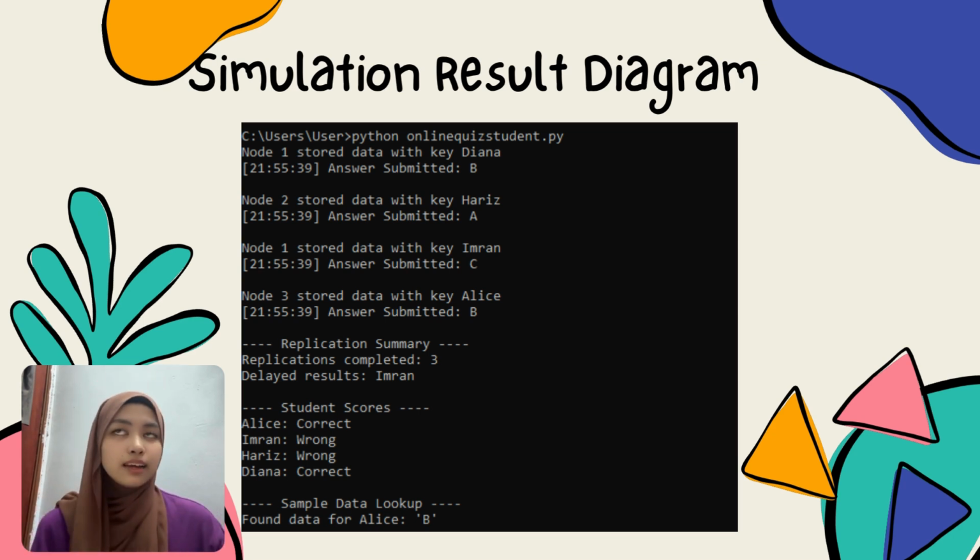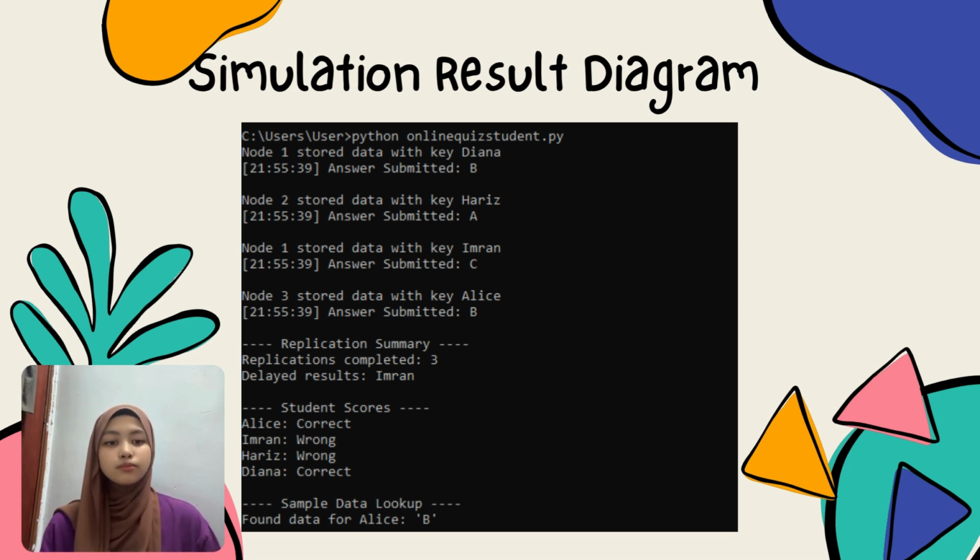Why is Imran's answer stored in node 1? This is because we used the random choice of nodes. What does this mean? This means the system randomly picks a node for Imran's hash name. Next, data replication.